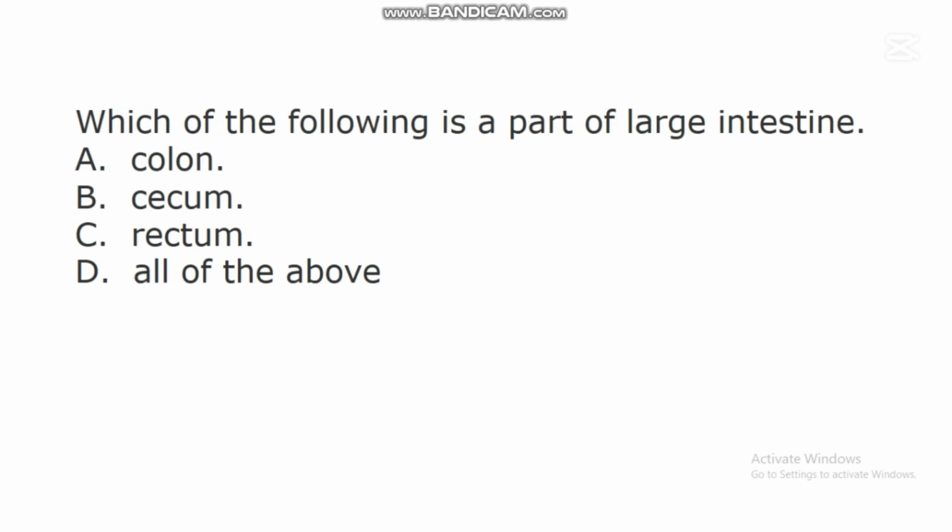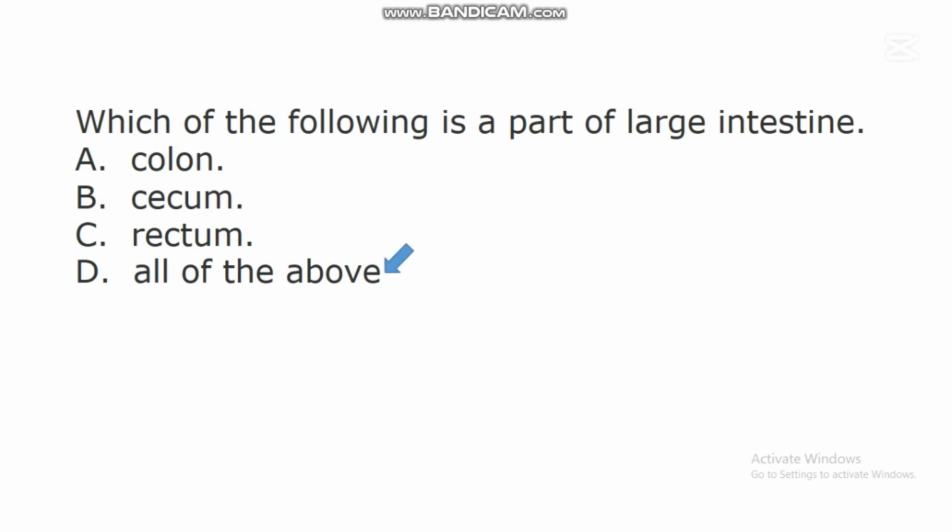The next question says, which of the following is a part of the large intestine? A. Colon. B. Caecum. C. Rectum. D. All of the above. In this question, the correct answer is D. All of the above.